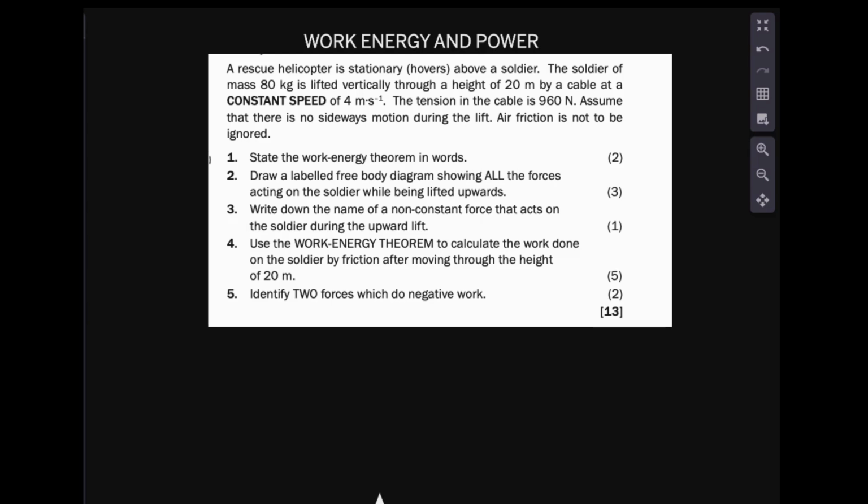Assume that there is no sideways motions during the lift. Air friction is to be ignored. So the helicopter is stationary, and the soldier is holding a rope, hanging. Now, state the work energy theorem.